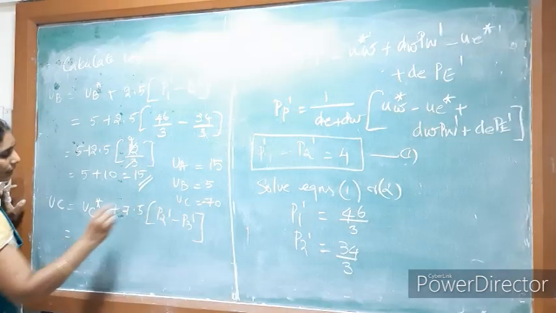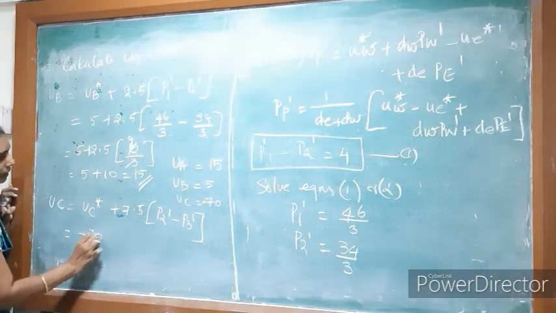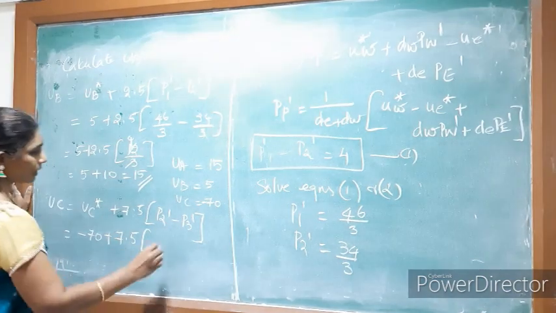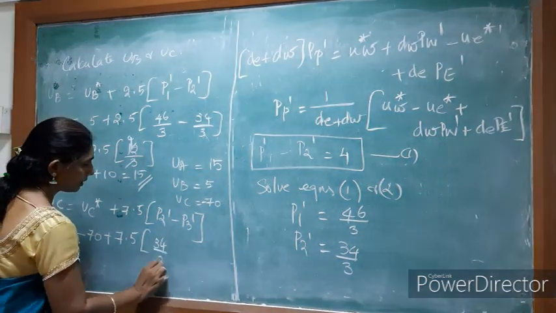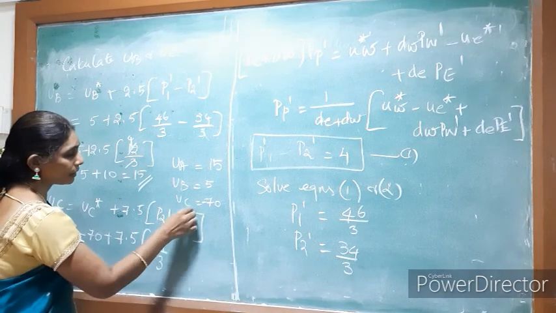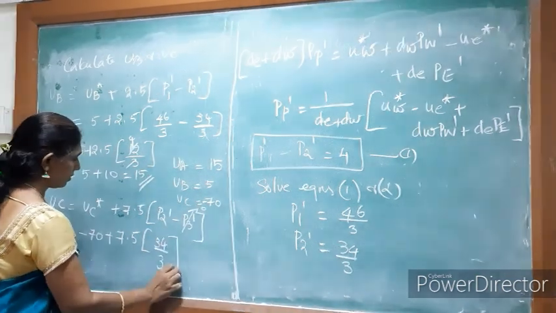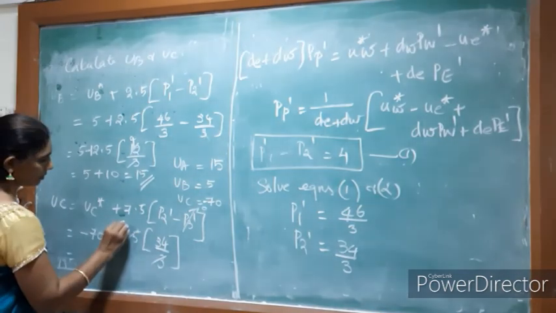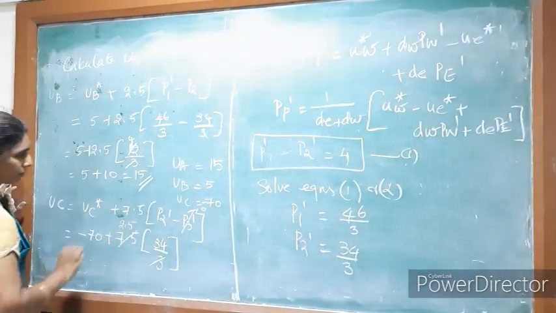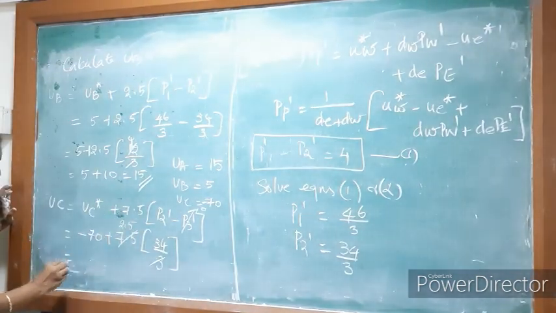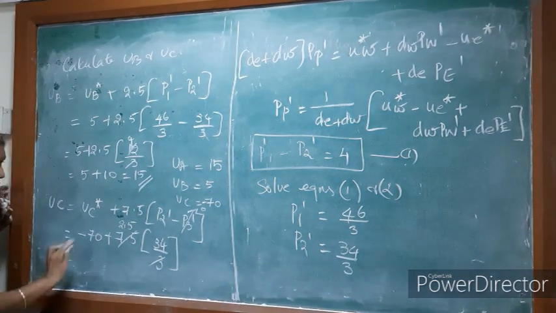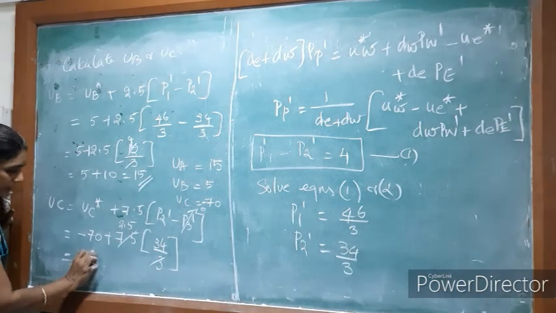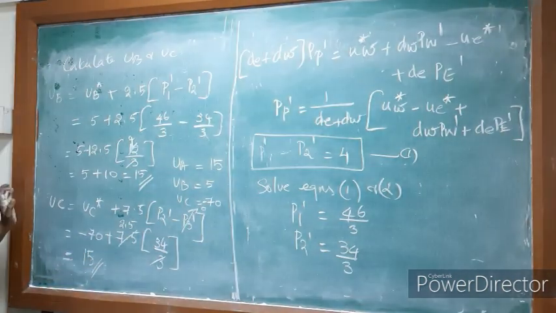So UC star is minus 70 plus 7.5 into P2 dash is 34 by 3. We do not have a value of P3 dash, so this is 0, right? Okay. So you check for this value and see whether you're getting the same 15. I have already checked and I've got it as 15.